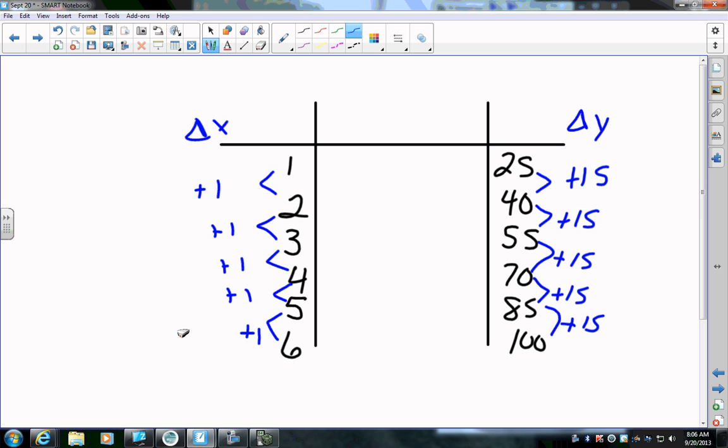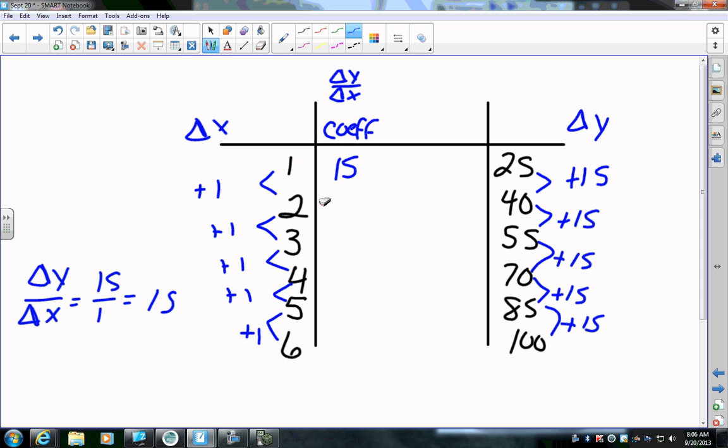So now, remember, this is that table building from last year. Delta y over delta x, 15 over 1 is 15. That is my coefficient. Your coefficient, or delta y over delta x, goes here first. 15, 15, 15.